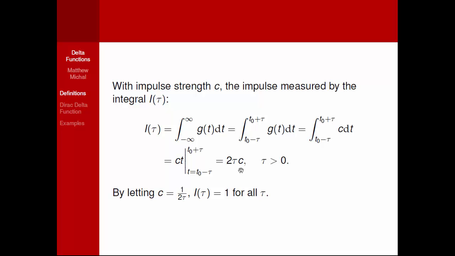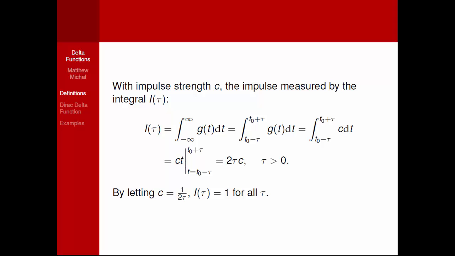In fact, if we choose a value of c as 1 over 2 tau, with a really small tau value, that means I'm dividing by a really small number. And say 1 divided by 0.001 becomes 1,000. 1 divided by 0.0001 becomes 10,000.